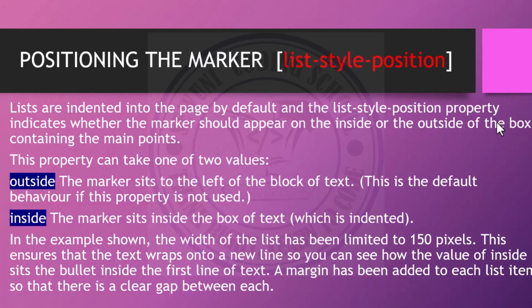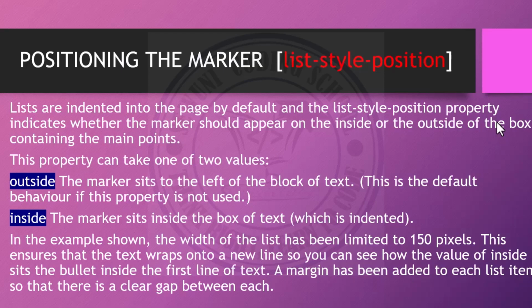In the example I'm going to show you, you realize the width of the list has been limited to 150 pixels. This ensures that the text wraps onto a new line, so you can see how the value of inside sits the bullet inside the first line of text.